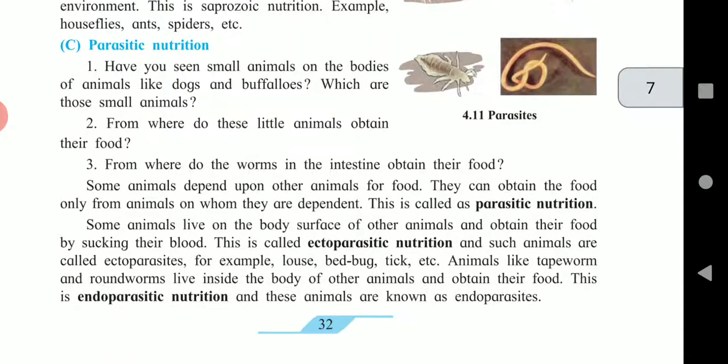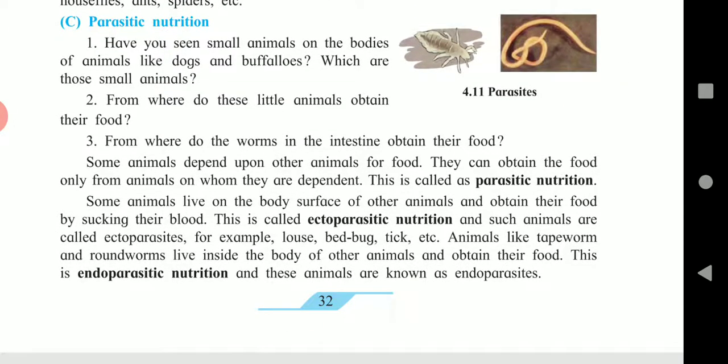Parasites do not survive without a host. Therefore, it will not kill the host, as in the case of the prey and predator relationship. Parasites totally depend on their host.